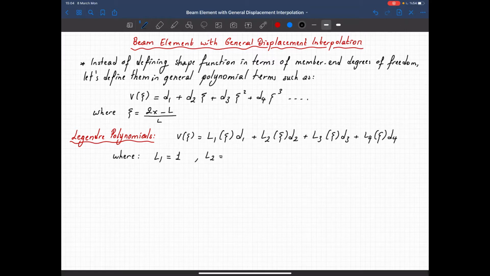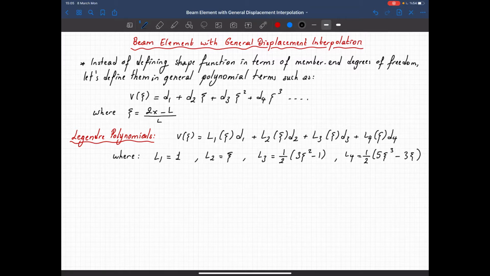L2 has a linear variation, psi. L3 is equal to 1 over 2 times 3 psi squared minus 1, and L4 is equal to 1 over 2 times 5 psi cubed minus 3 psi.